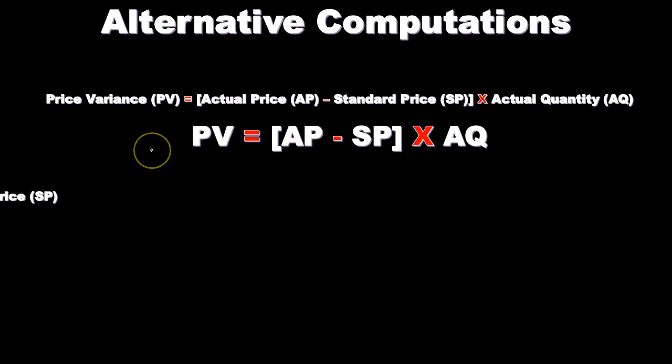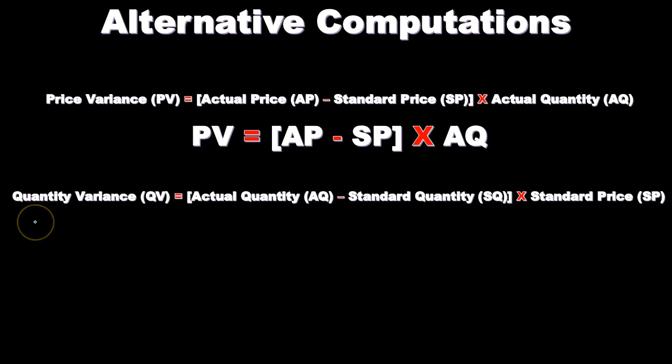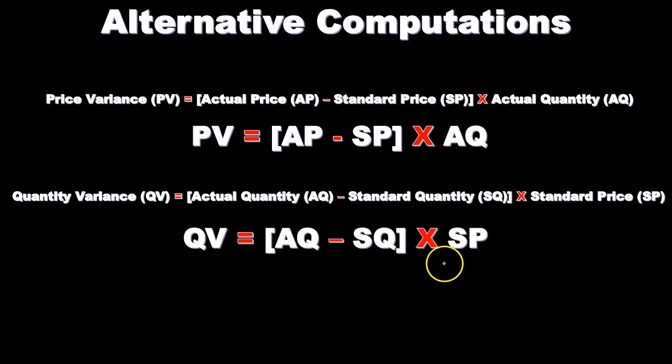We'll work some problems in this format as well. The quantity variance, QV, equals bracketed actual quantity, AQ, minus the standard quantity, SQ, times the standard price, SP. Once again, in terms of just the letters, quantity variance equals bracketed actual quantity minus standard quantity times the standard price.